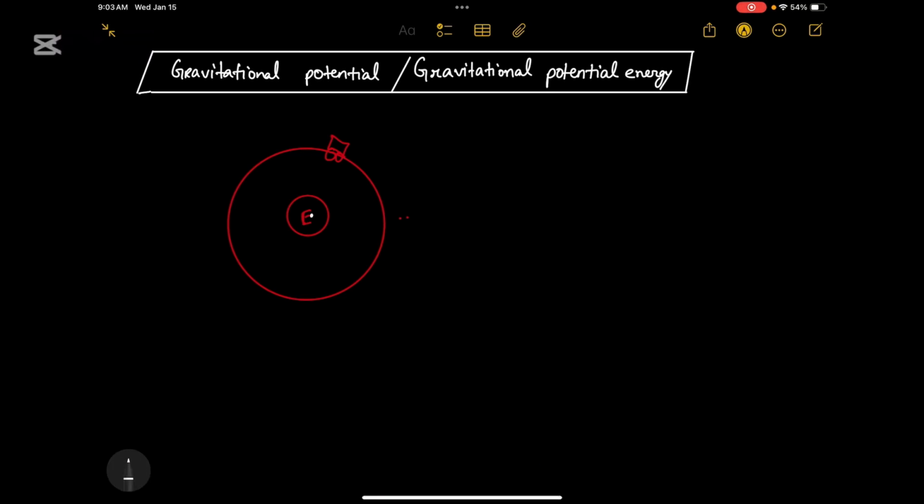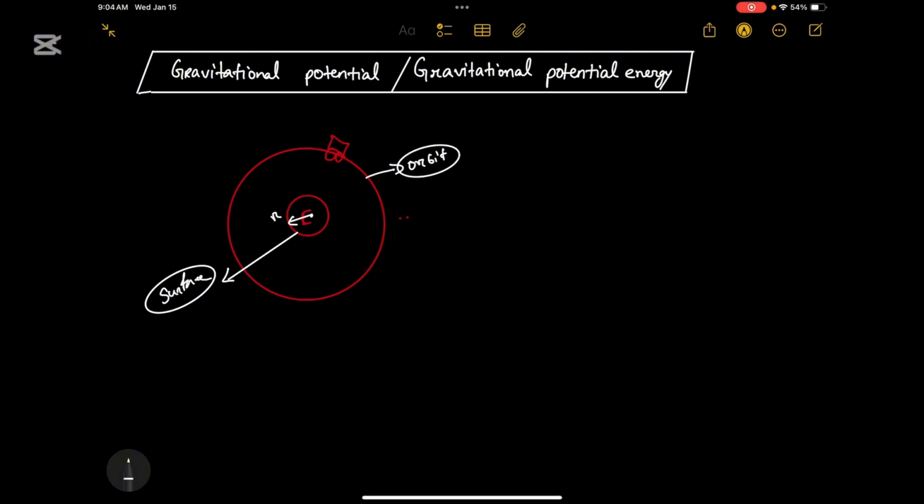This is the center of the Earth. From the center of the Earth, this is the radius, our r, which is the radius from the center of the Earth to the surface of the Earth. This is the surface of the Earth, and this is the orbit.